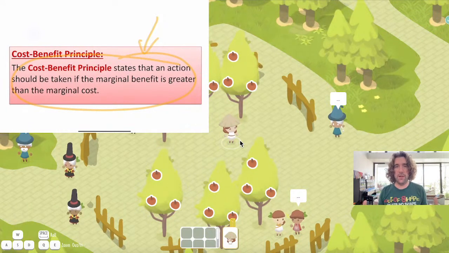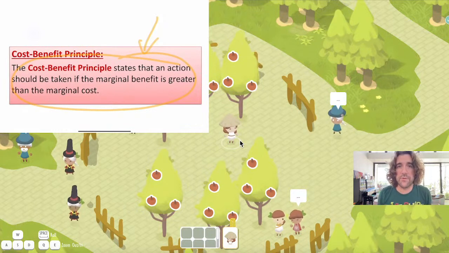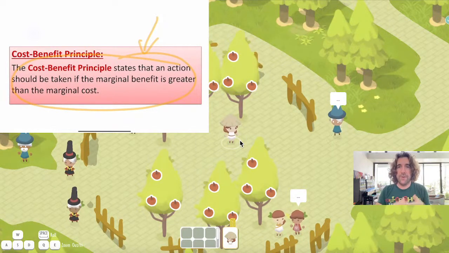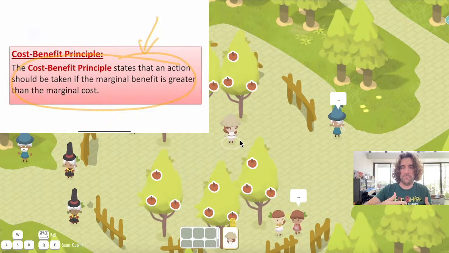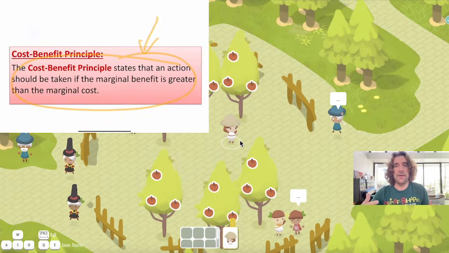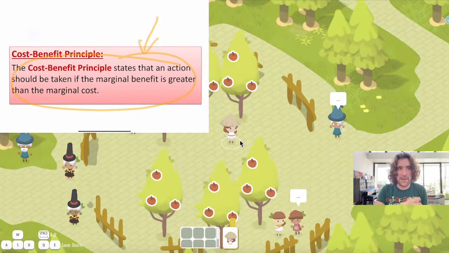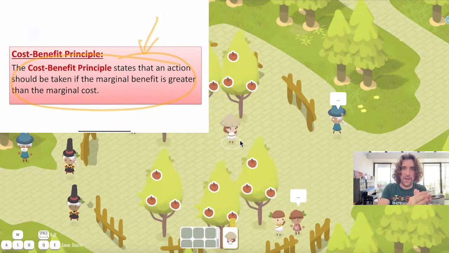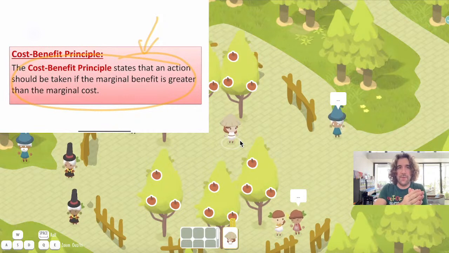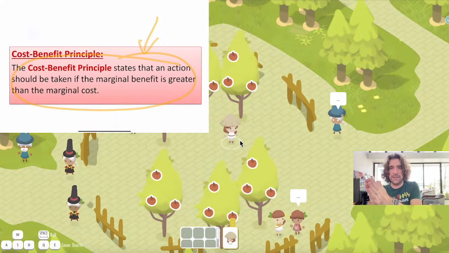Like, for example, do I want to go and watch a movie today? You make that decision, and then you ask yourself, okay, do I want to see another movie now? And depending on the answer, then you may ask, do I want to watch another movie? This is marginal decision making. You take a small action, then you think about, should I take another action? Should I take another action?